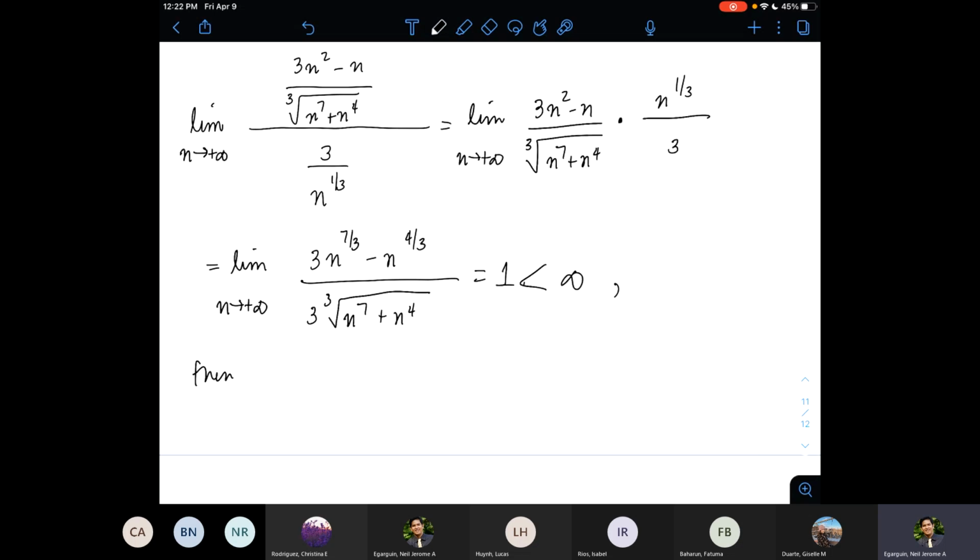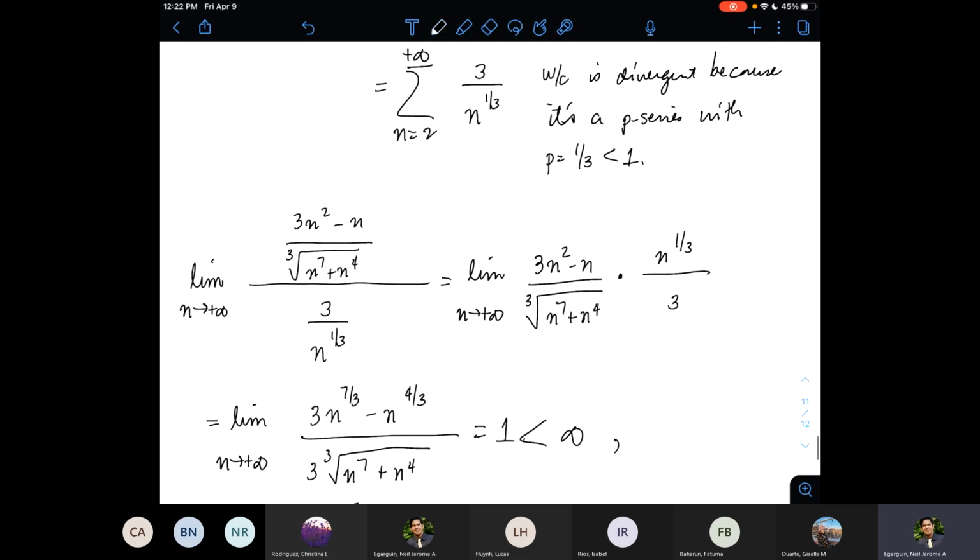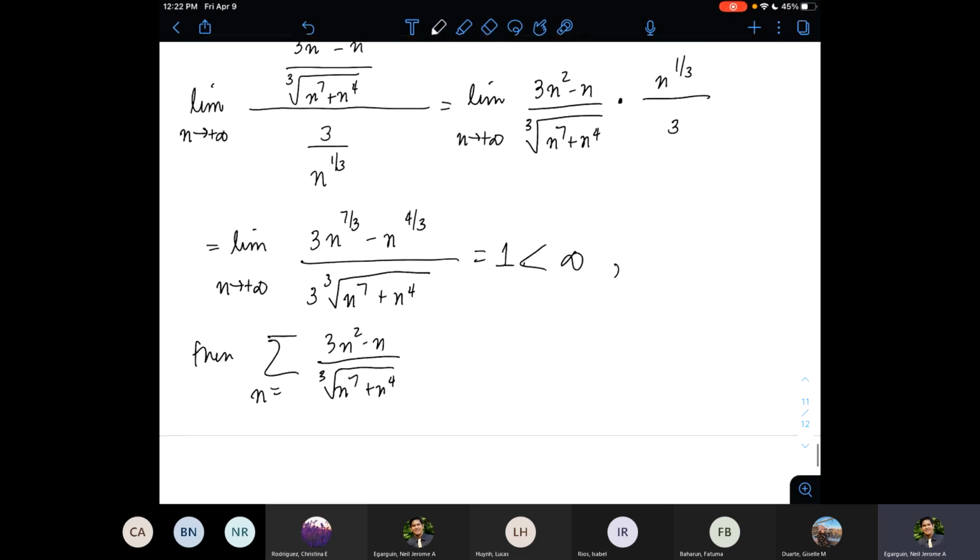Or maybe I can say more explicitly, the given series going from 2 to positive infinity diverges.